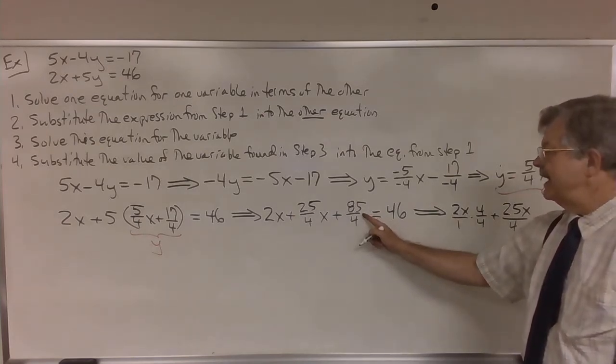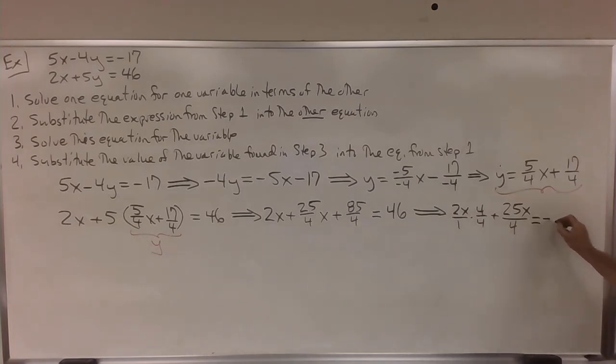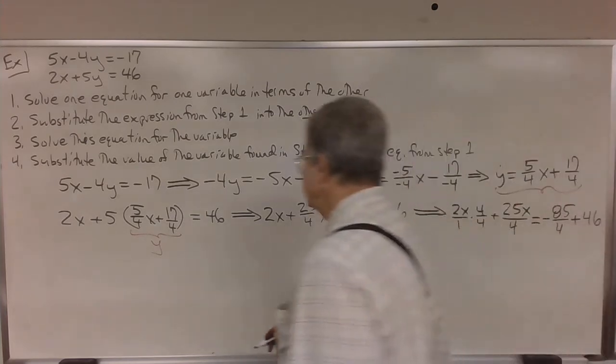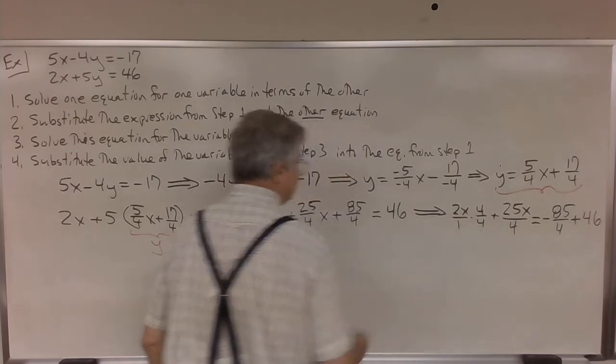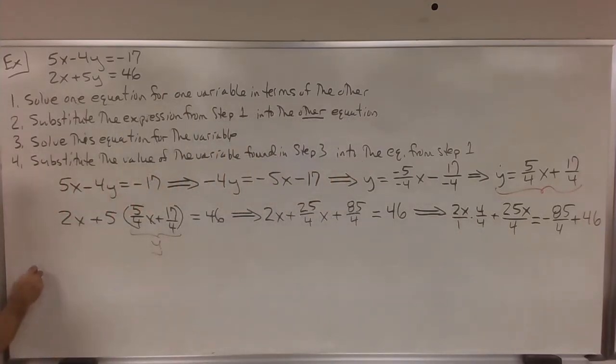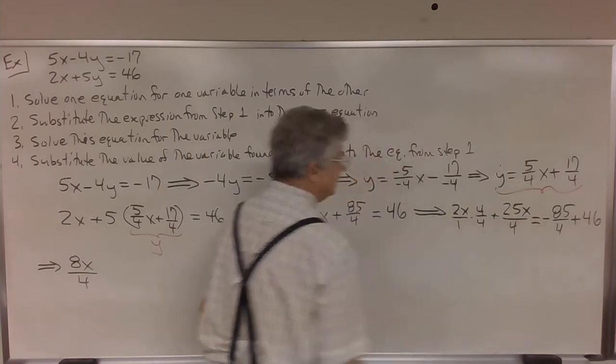And I got to subtract 85/4 and get it over to the other side. Equals negative 85/4 plus 46. Yipes, yipes, yipes. So let's see, 2x times 4 is 8x over 4, plus 25x over 4.